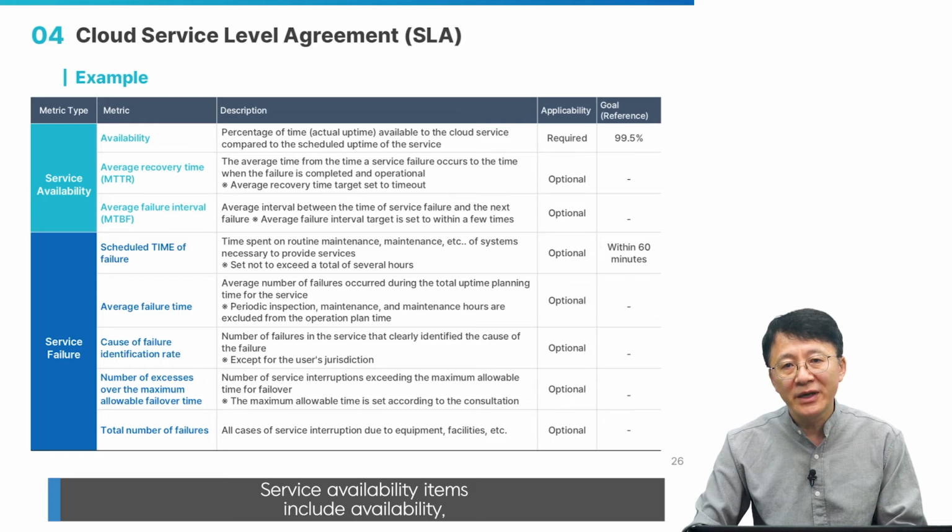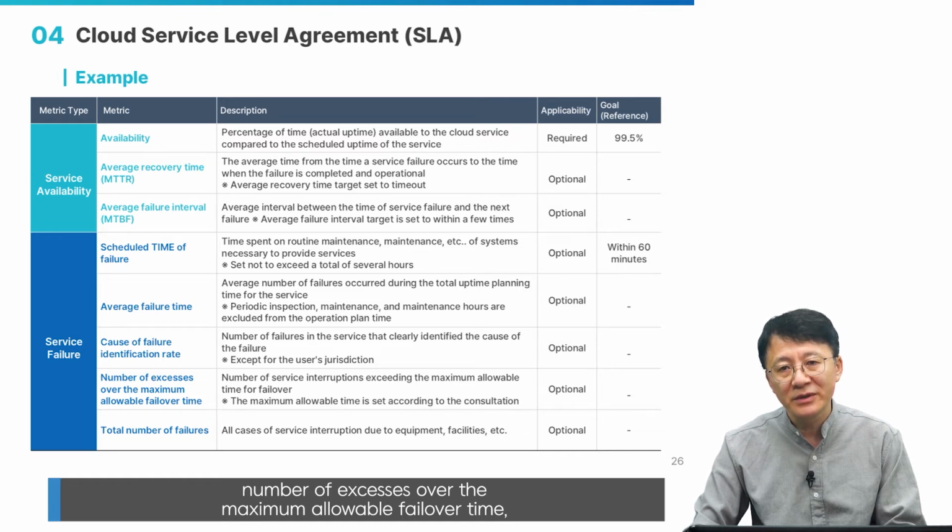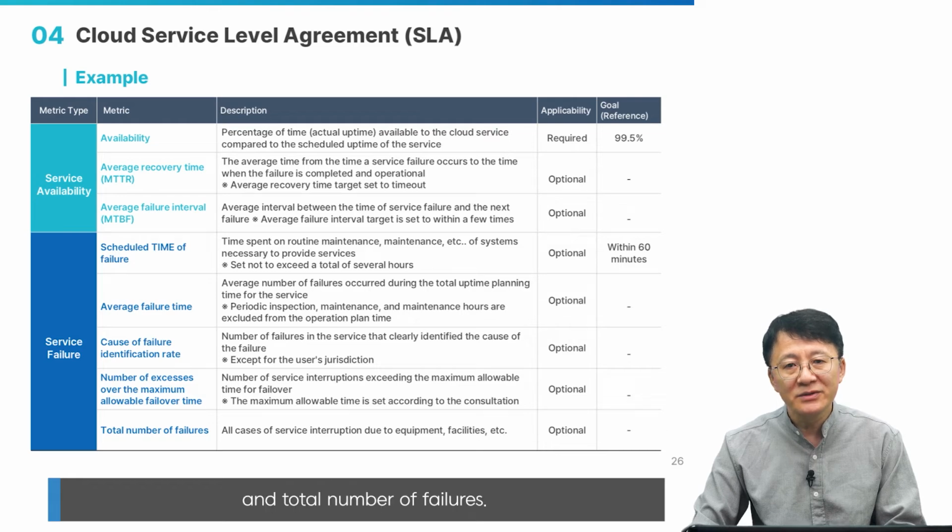Service availability items include availability, mean time to recovery, and the mean time between failures. Items related to service failure include items such as average time taken for maintenance, average failure time, failure cause identification rate, number of excesses over the maximum allowable failover time, and the total number of failures.